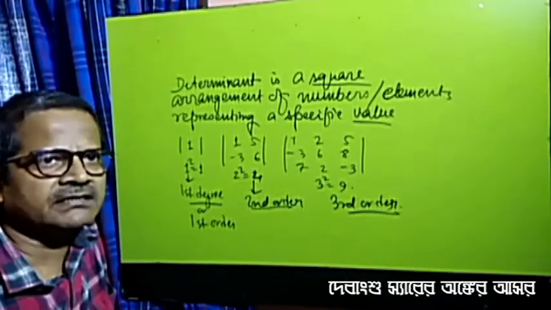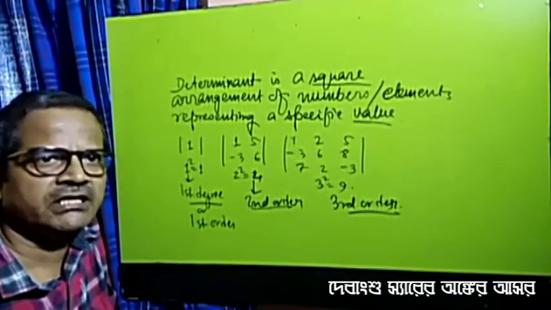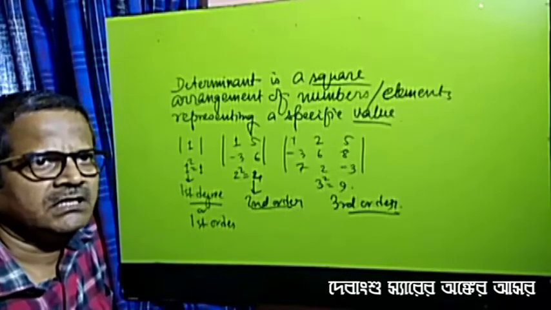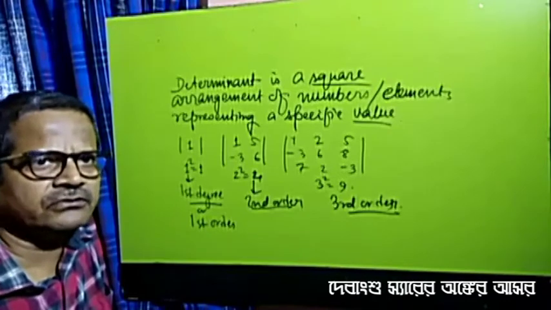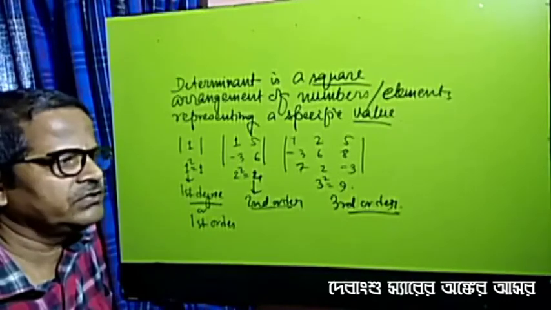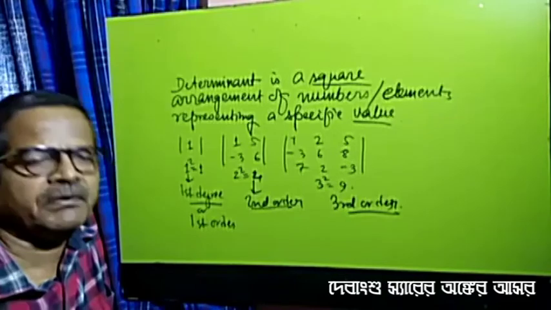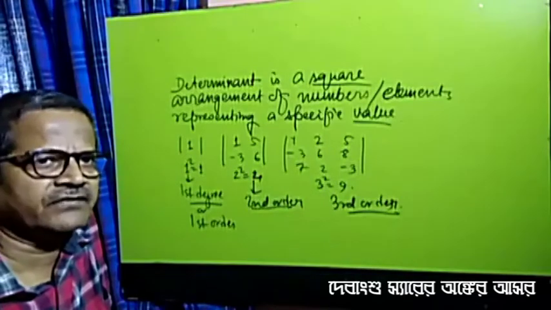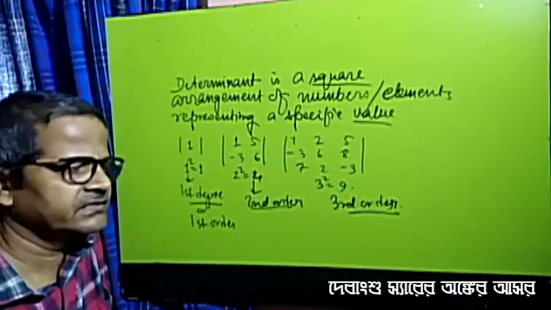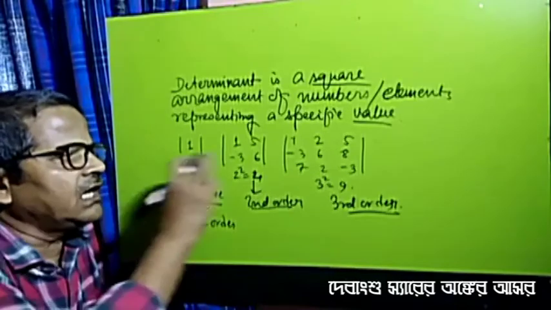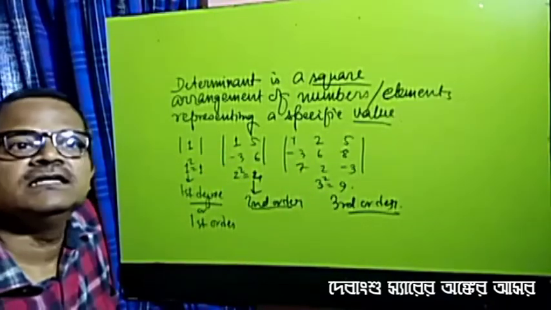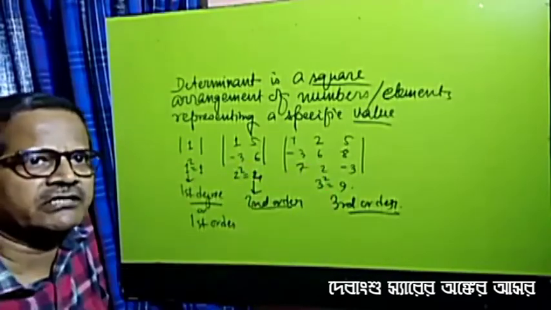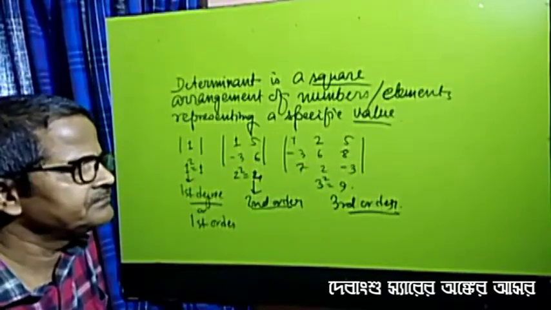But our syllabus restricts us up to third order, with a maximum limit of fourth order. When fourth order determinants arise, we apply properties of determinants to reduce them to third order. After that, we calculate everything. So these are determinants: first order, second order, third order, and fourth order determinants.